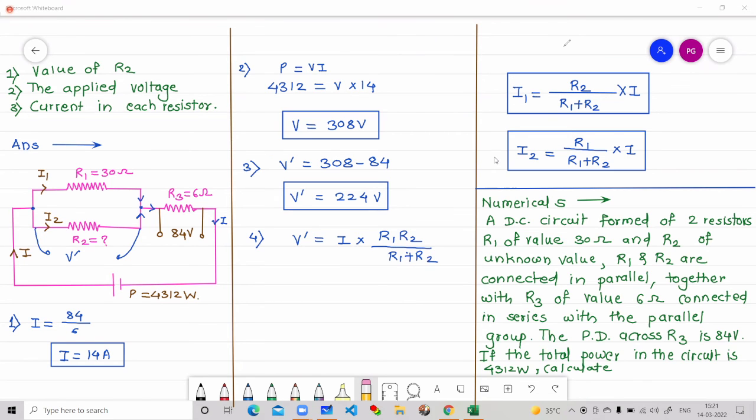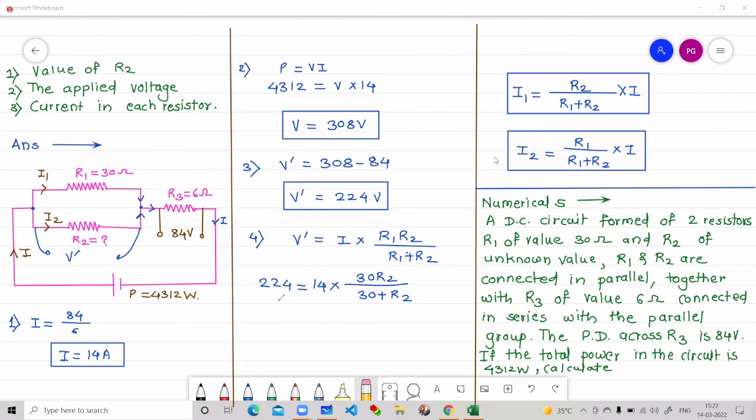Correct. So now one of the resistances we are aware of and all other values we know. So it is going to be 224 divided by 14 equals R1 which is 30, so 30 R2 divided by 30 plus R2. है ना?